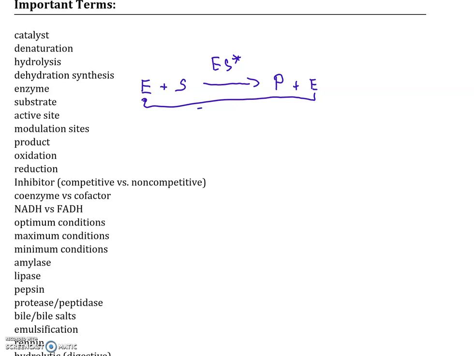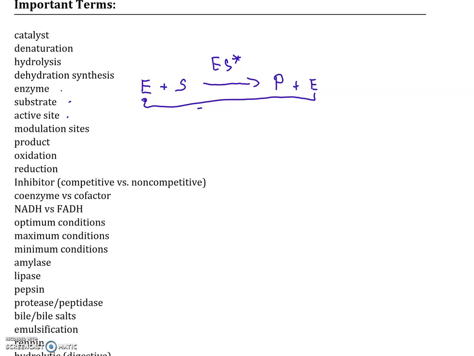So the terminology here: the enzyme, the substrate, and the place where the substrate binds to the enzyme, that's known as the active site of the enzyme. There are also modulation sites. These are different places on the enzyme. If, let's say, something like an allosteric inhibitor binds to a modulation site, then it could very well affect the active site of the enzyme and render it useless, basically.